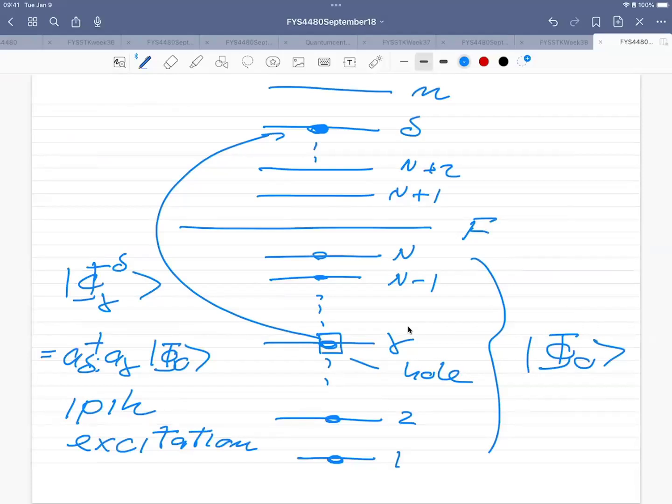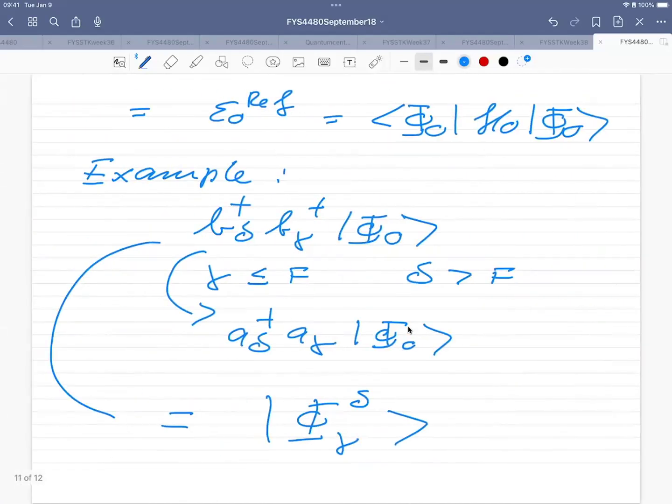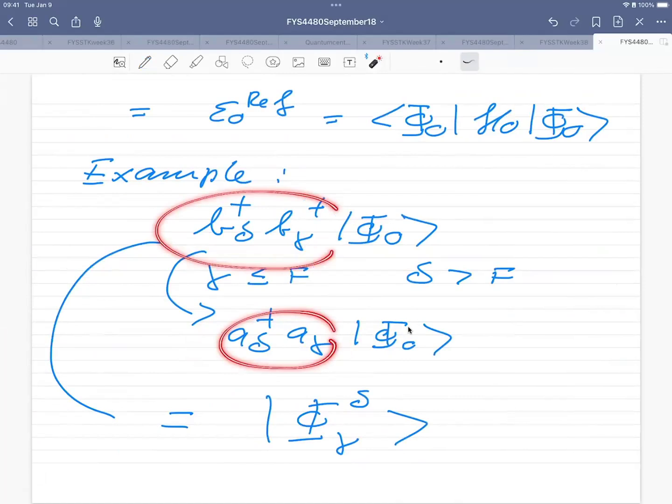Suppose now I want to look at the expectation value of this specific state for the H0 operator. So I'm going to keep these operators here, but what we did was actually to redefine these operators in terms of a particle hole set of operators.